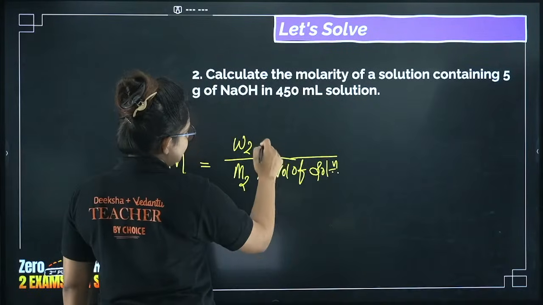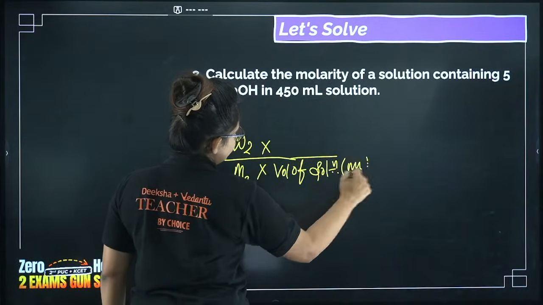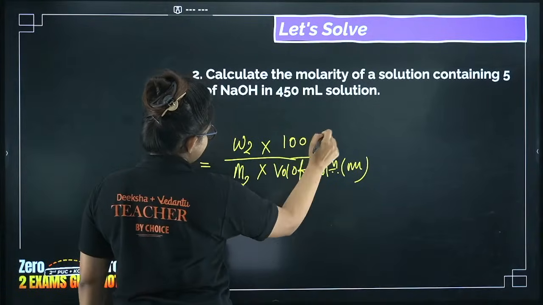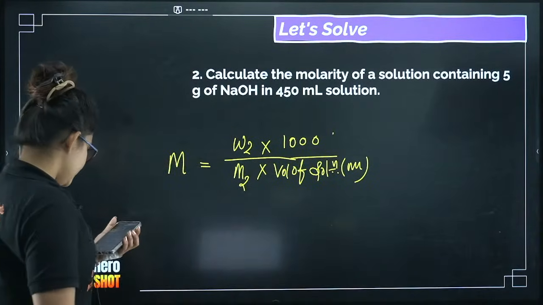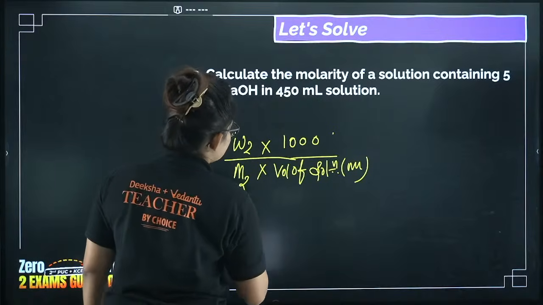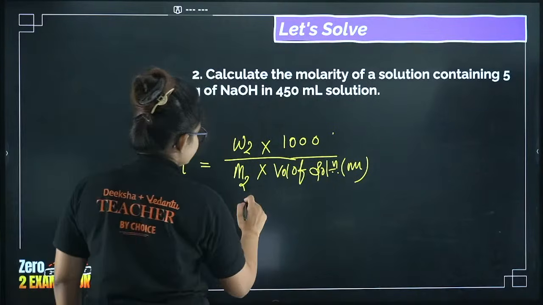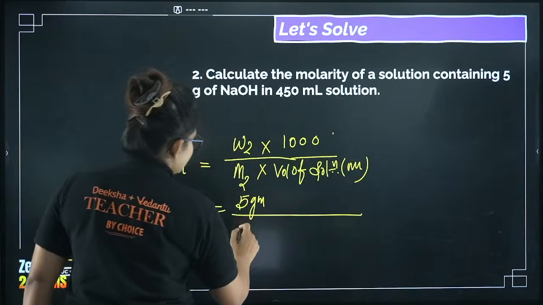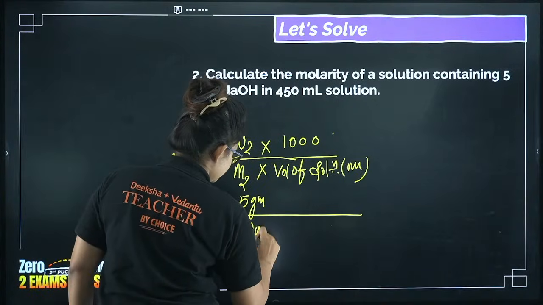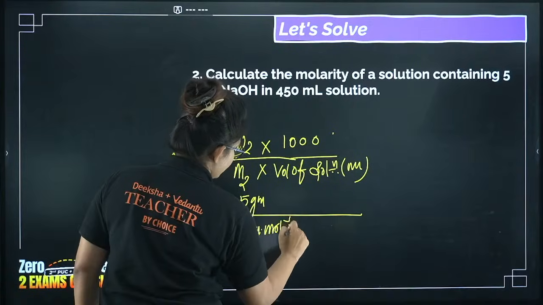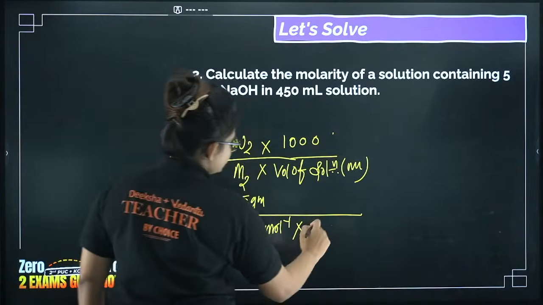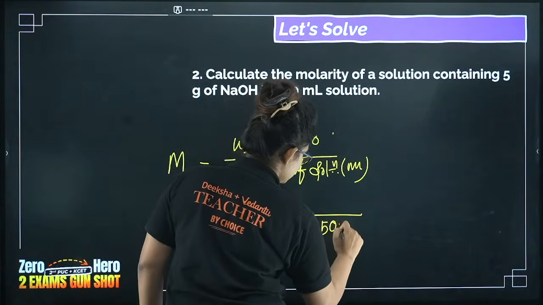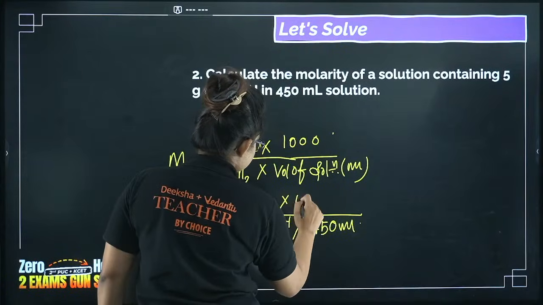If it is in ml, then you have to multiply with 1000, right? So this is how you can proceed. W2 means 5 gram. Molecular weight of NaOH is 40 gram per mole. Volume of the solution is also given, 450 ml. And here it is 1000.